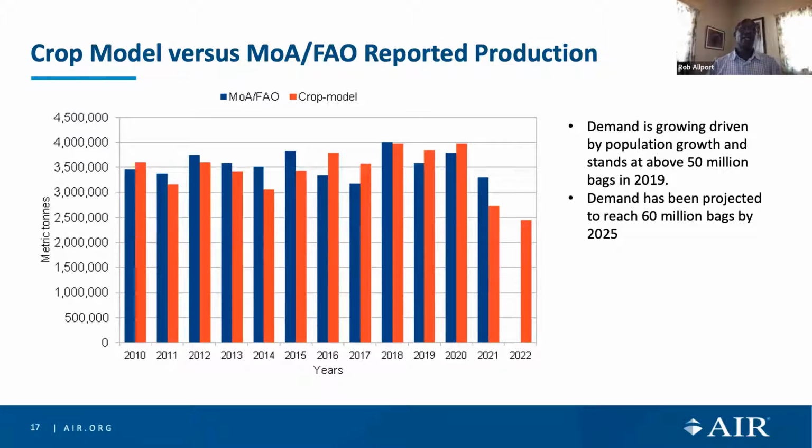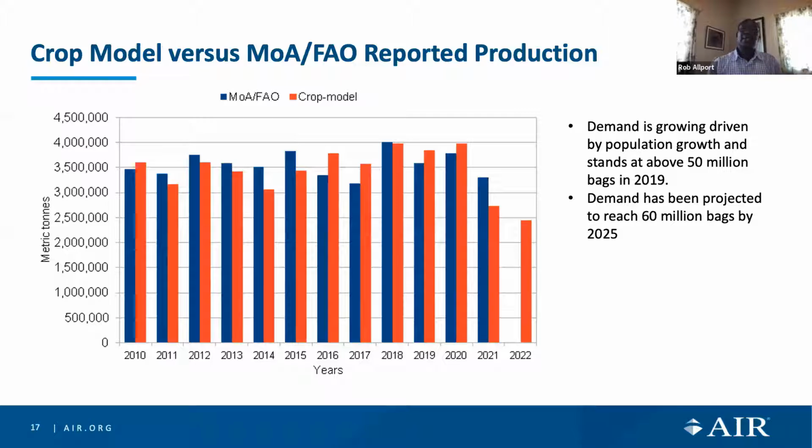Especially if you run the model even further before 2010 and put a trend line, the trend line starts showing that Kenya maize production is slowly and surely declining.